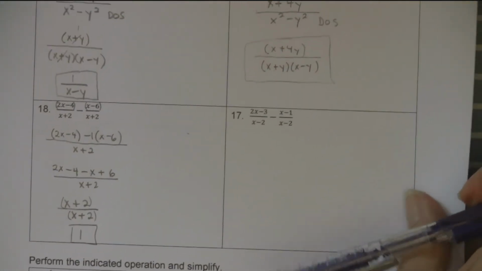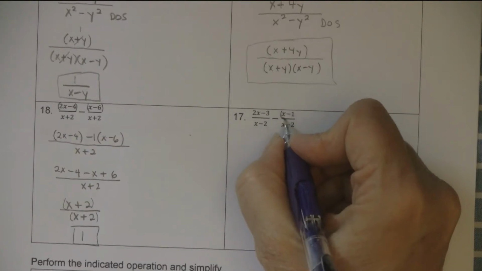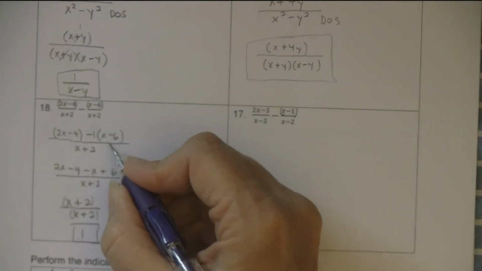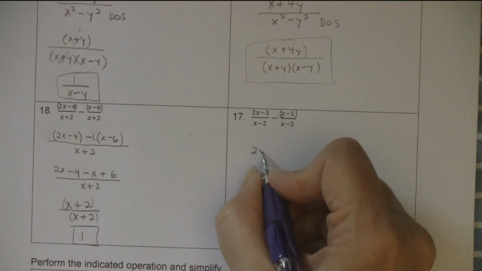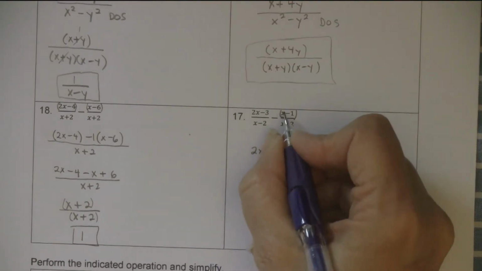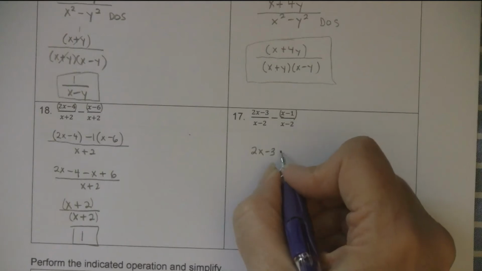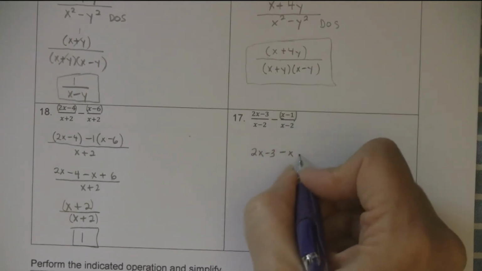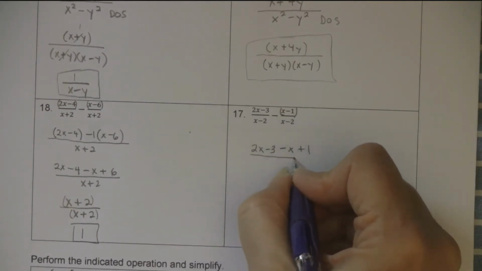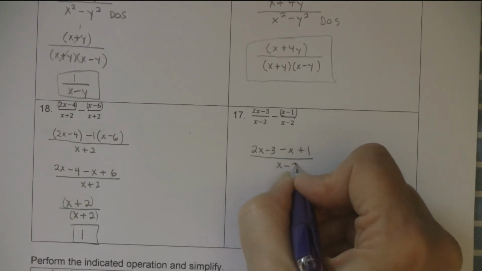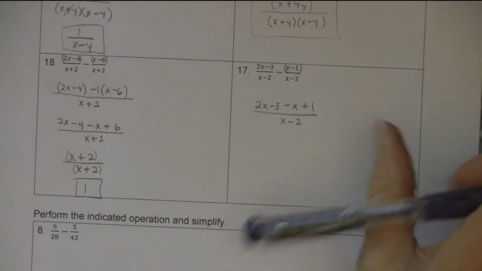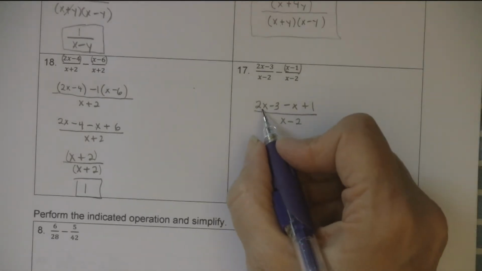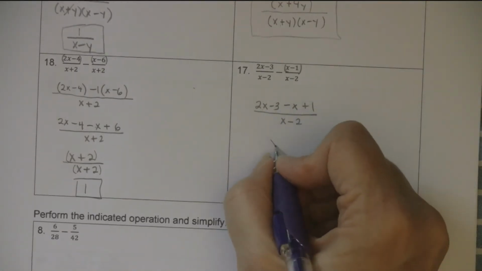And so what I usually do, I wrote it there here so that you can see this is what it was. But what I usually do is I usually do this, 2x minus 3, and then I distribute the negative when I have it. So that'd be minus x plus 1, all divided by x minus 2. Why did I do both of these? These are almost the same problem. 2x minus x is x.